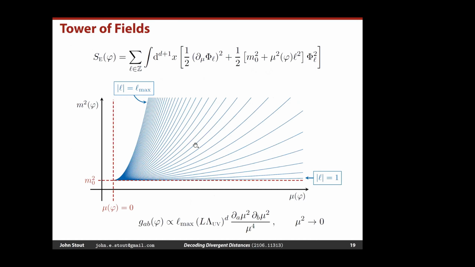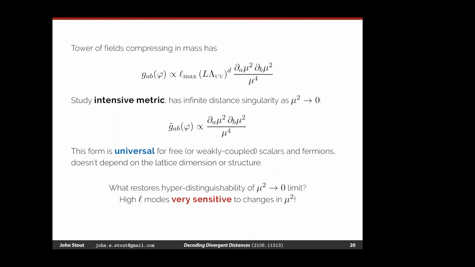What's happening is the ensemble of fields that are compressing in mass is what's responsible for this infinite distance limit. You can look into what's happening, and you see that the high modes boost in sensitivity to the changes in mu.